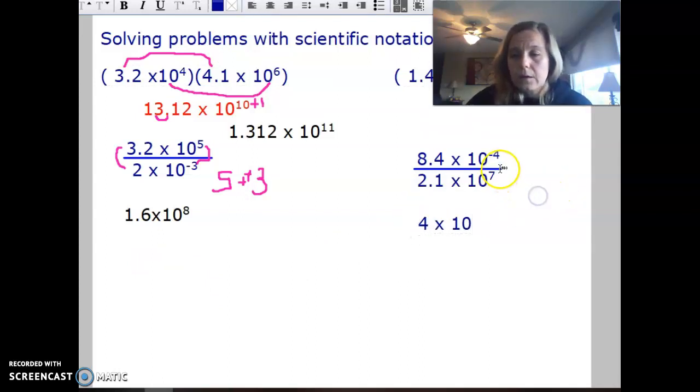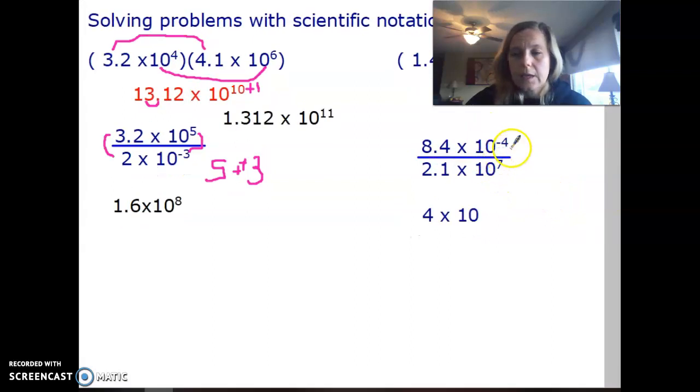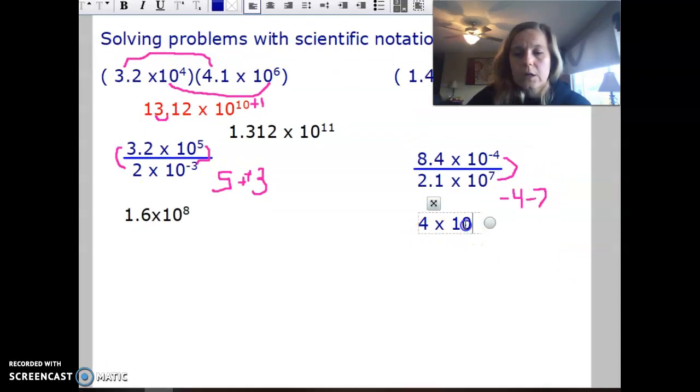Now again, like we talked about, since it's a division problem, we are going to subtract the exponents. Negative 4 minus 7 gives us an exponent of negative 11. All right, so there we go.